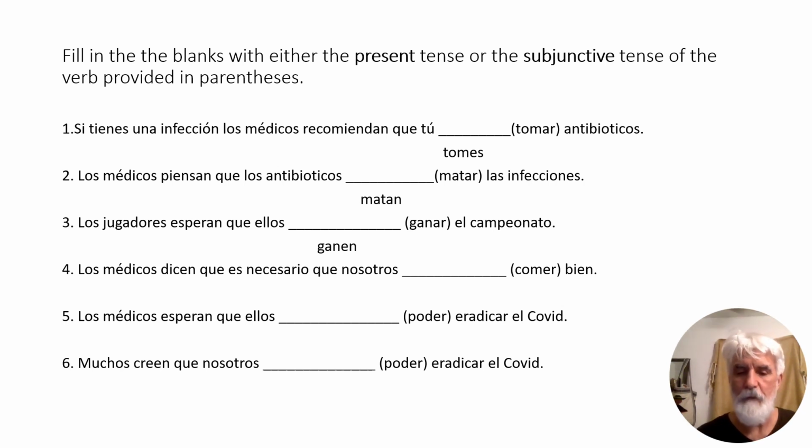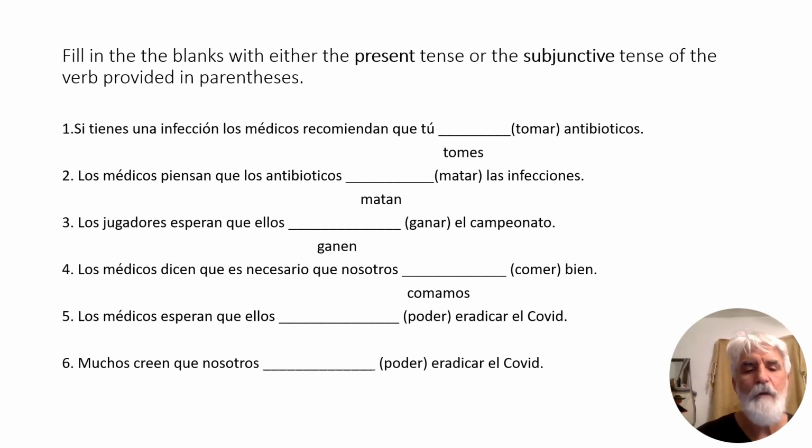Well, it's in your book, and I did mention it. Whenever you have a strong statement like this, it is necessary that, you have to use a subjunctive. So just remember this. Es necesario immediately triggers the subjunctive. Okay, nosotros comamos. All right. And again, it's an ER verb, so it's going to have an A ending.